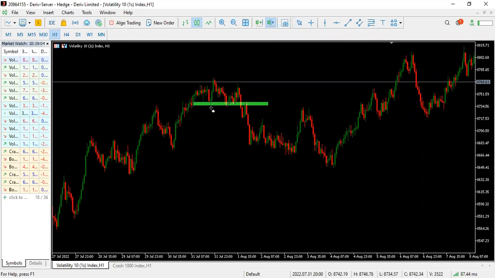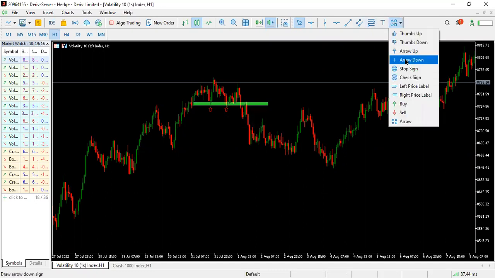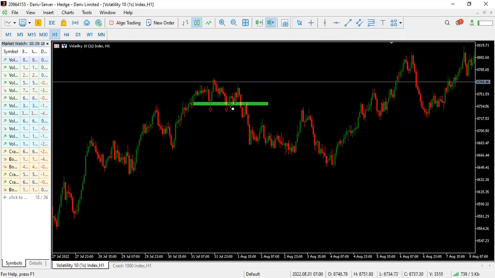We have a support, and we have a support again, 2 times. Support, support. And then once a support is broken, it becomes a what? A resistance. Here is a resistance. Now it became a resistance.